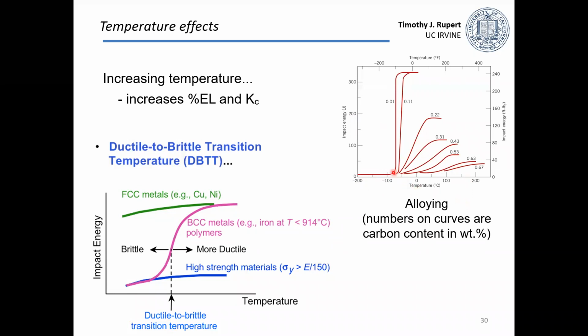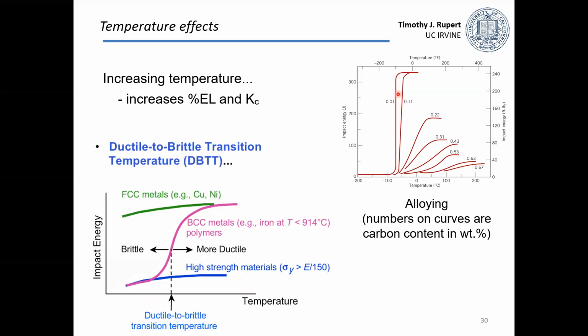For very low levels of carbon, this ductile to brittle transition temperature is relatively low, but also the impact energy jumps quite a bit. It jumps from a very low value to over 300 joules.